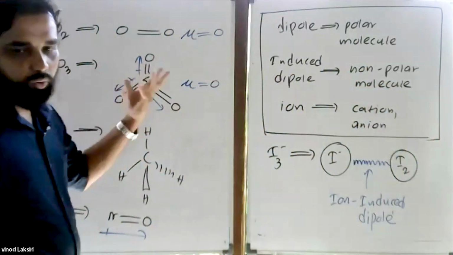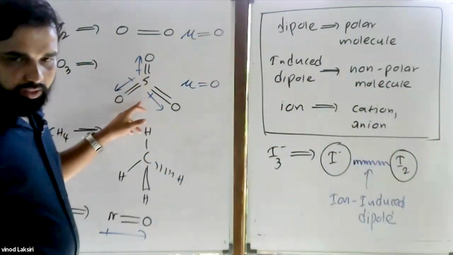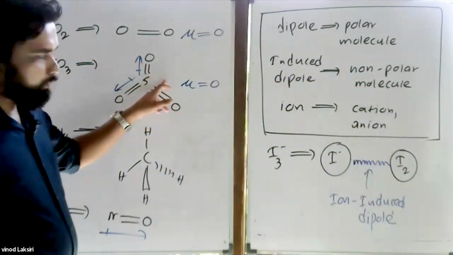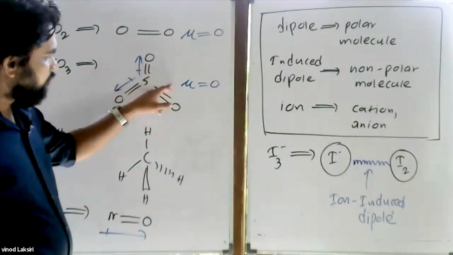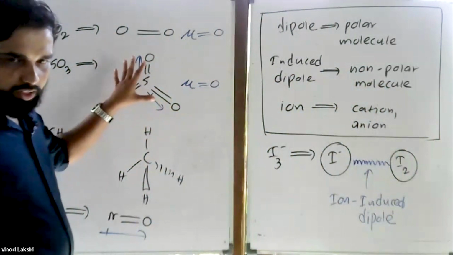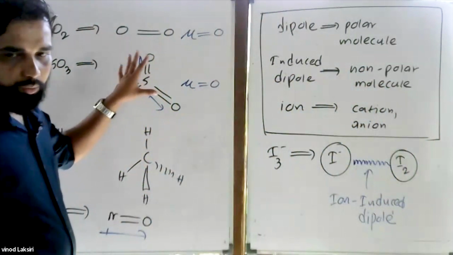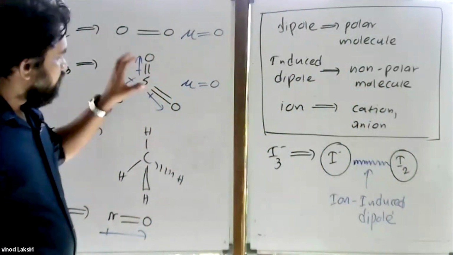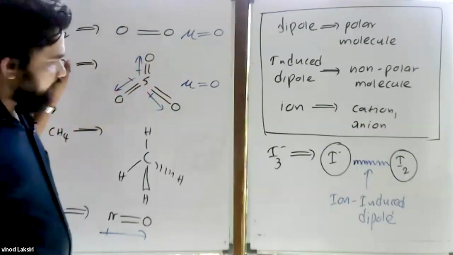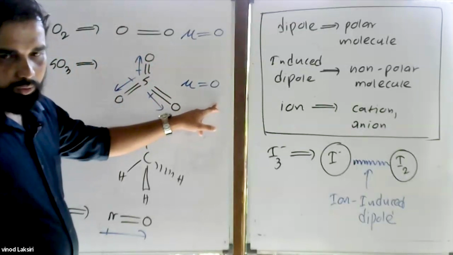Net force is 0. In the same way, when three dipole moments are present in trigonal plane geometry, because the angles are equal, 120, 120, 120, the dipole moment is 0, right? We know these kinds of molecules as symmetric molecules, right? Trigonal plane geometry and all bonds should be equal. Then net dipole moment is 0.